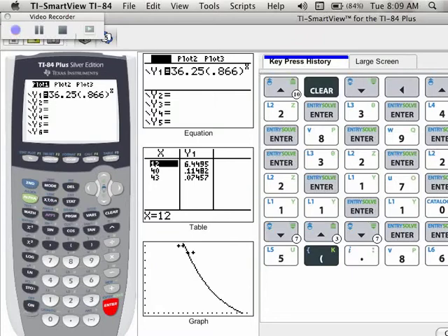You hit this button for the power, and then the x is right here where the arrow is. And then hit enter.